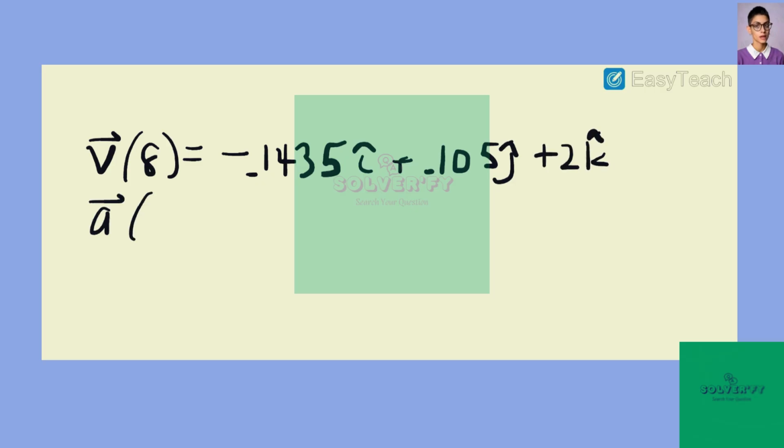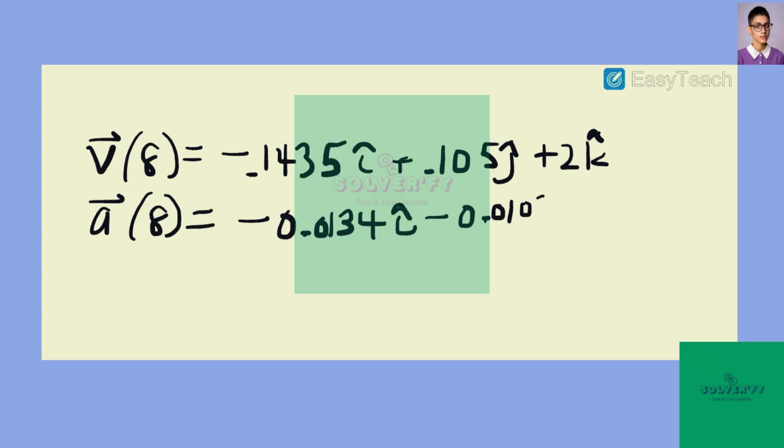And our acceleration vector at t equals 8 seconds will be equal to negative 0.0134 i hat minus 0.01076 j hat. Next, what we can do is simply take the cross product of v and a, which will give us the binormal vector, which is going to be perpendicular to the plane that contains the normal and tangential axes.